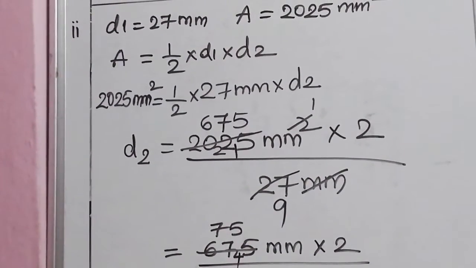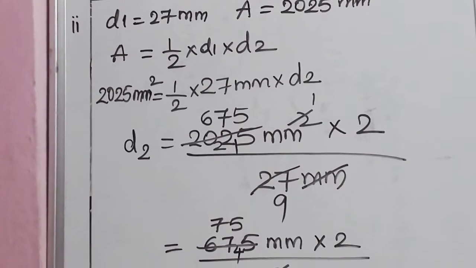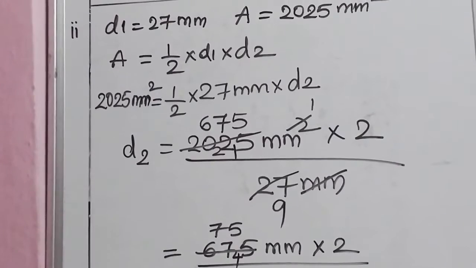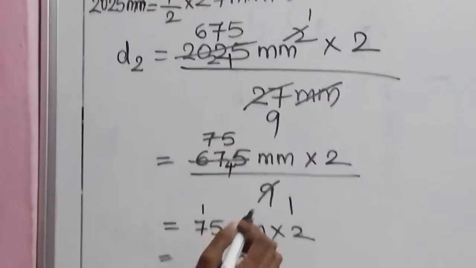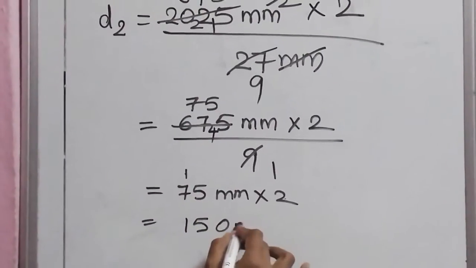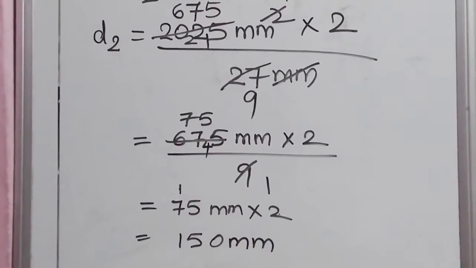So here you need to multiply 75 into 2. 2 fives are 10, 2 sevens are 14, 14 plus 1 is 15. So it is 150 mm.